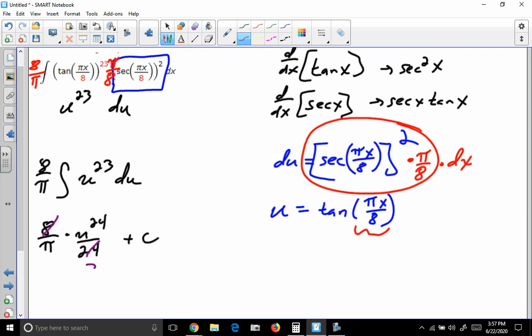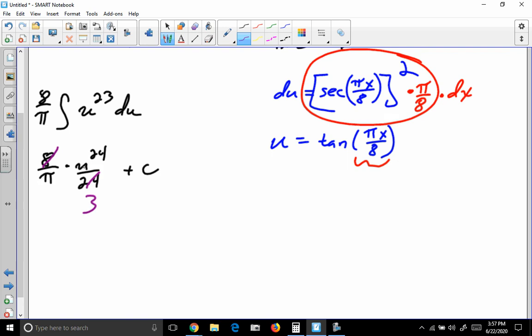So the 8 and the 24 reduce. So we get u, which is tangent, raised to the 24th power, divided by 3 pi.